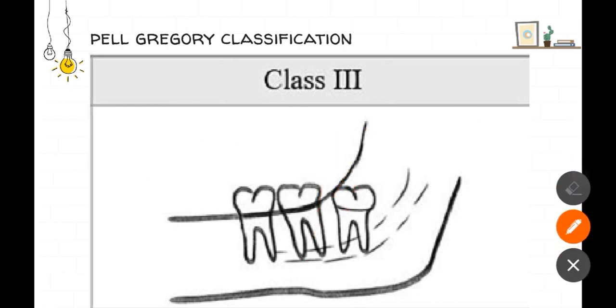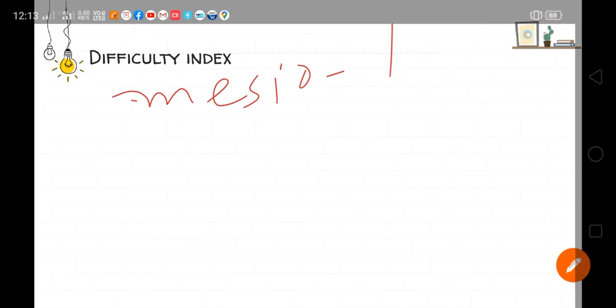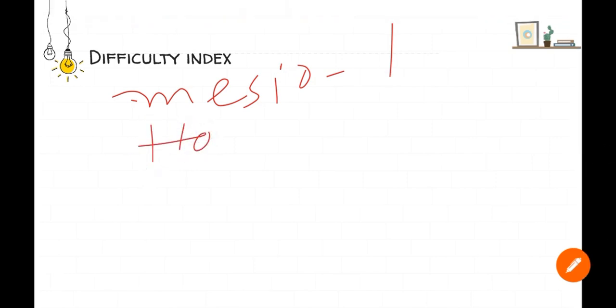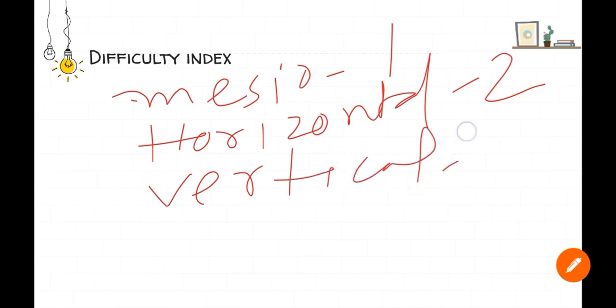Now we'll discuss the difficulty index given by Pederson. We discussed in the last video the Winter's classification. Mesioangular, its value was 1. Second was horizontal or transverse, its value was 2. Then vertical, value was 3.